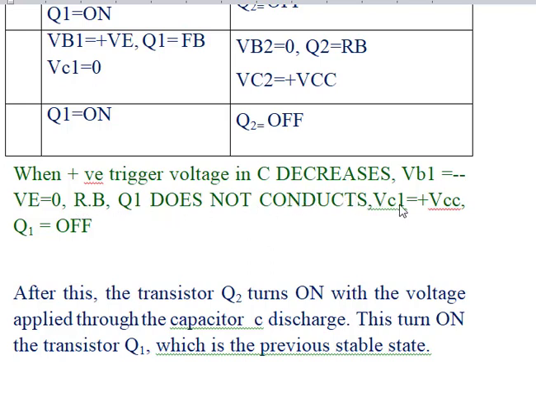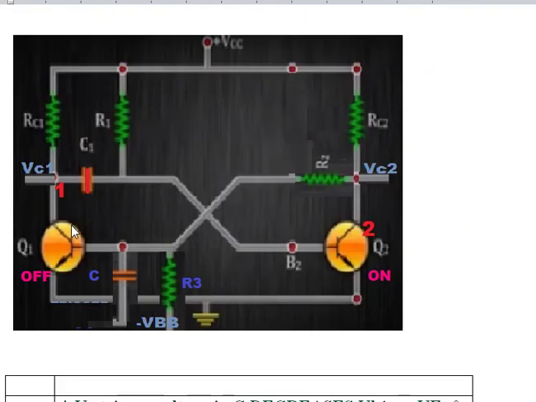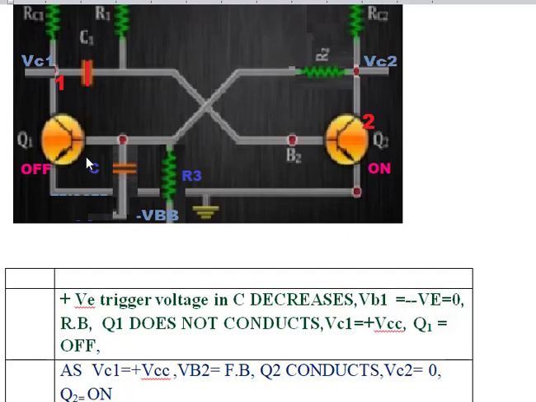So automatically the collector output voltage of the first transistor becomes plus VCC. Now it is shifted from on condition again to off condition. So see here, the voltage decreases.